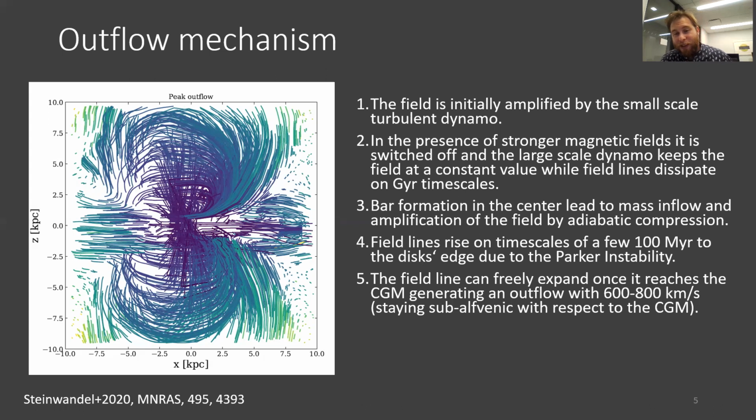And as soon as these field lines hit the edge of the disk, as illustrated here, we get these very nice Parker lobes in the magnetic field structure, which you can see here. They break free and move freely into the much lower density CGM. And this is, very broadly, how this mechanism works.